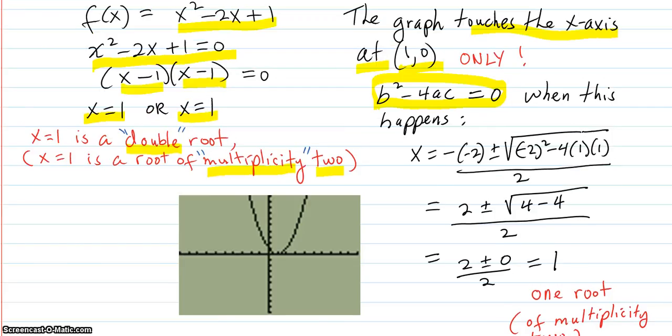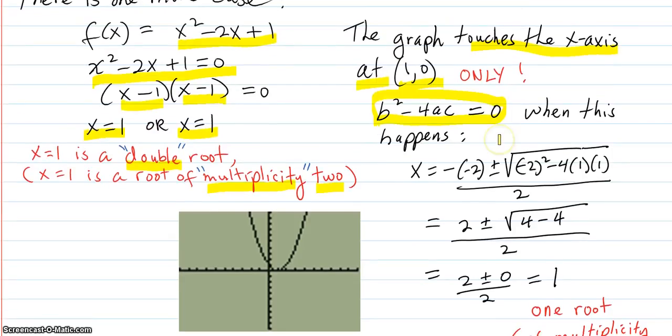Check this out. This is how. Here's the quadratic formula for this function right here: negative b plus or minus the square root of b squared minus 4ac, all over 2. Negative 2 squared is 4, and 4 times 1 times 1 is 4. So 4 minus 4 is 0. That's how this wipes out, and you just get 2 over 2, which is 1.